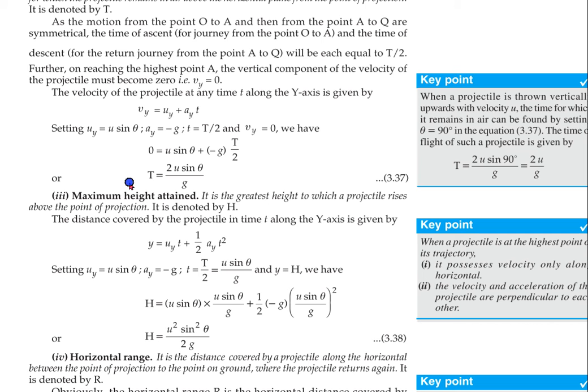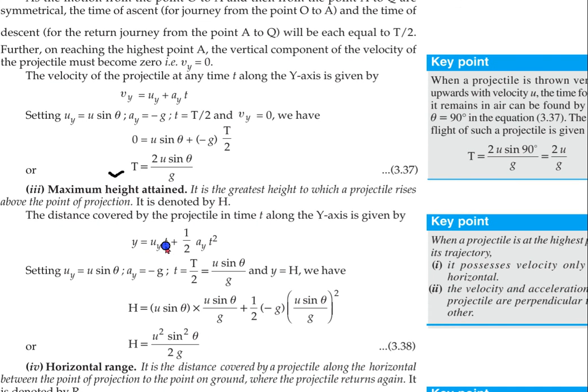Maximum height means displacement, so we'll use the equation of displacement: y equal to uy t plus half a t squared. This is the same thing as the previous. I have uy, I have t.